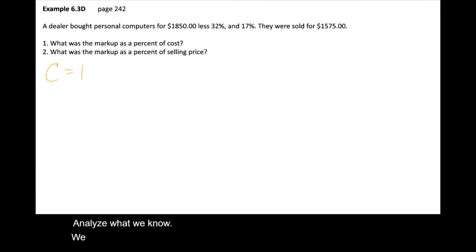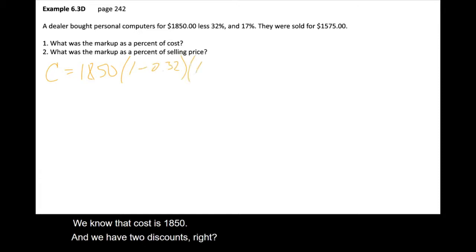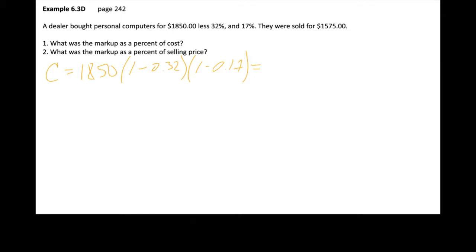We know that cost is 1850 and we have two discounts, right? So 1044.14.